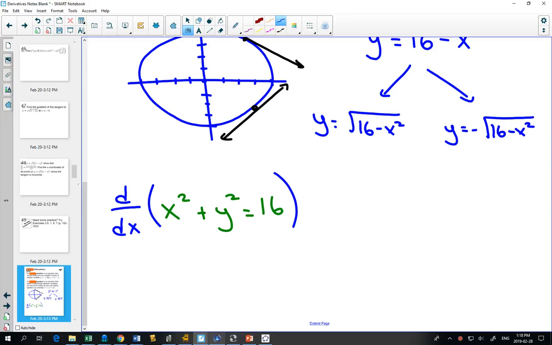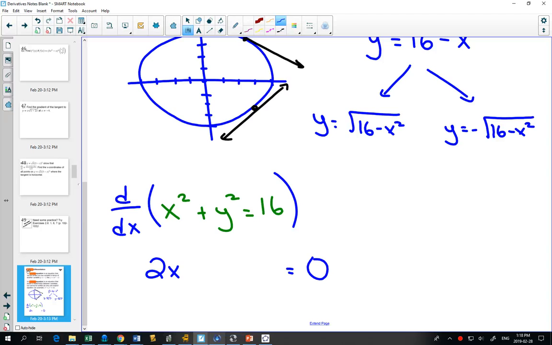What's the derivative of x squared? That's easy. That's 2x. What's the derivative of 16? That's easy. It's 0. But what's the derivative with respect to x of y squared?